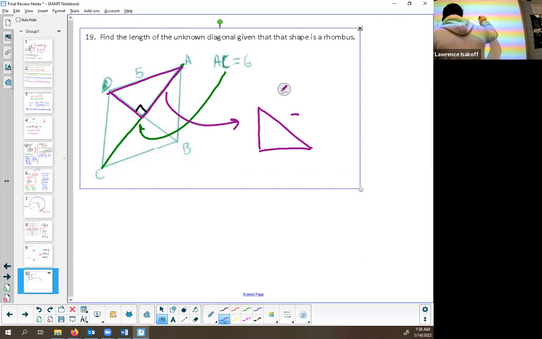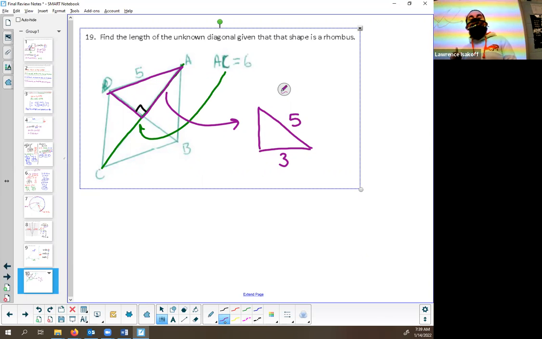So this side is 5. Now this purple side down here, if the whole thing A to C is 6, does anybody have a guess how long this purple side is? Yeah, it's 3. It's half of it because everything looks symmetrical here, right? So yeah, it's half. So that side, as Logan said, is 3.